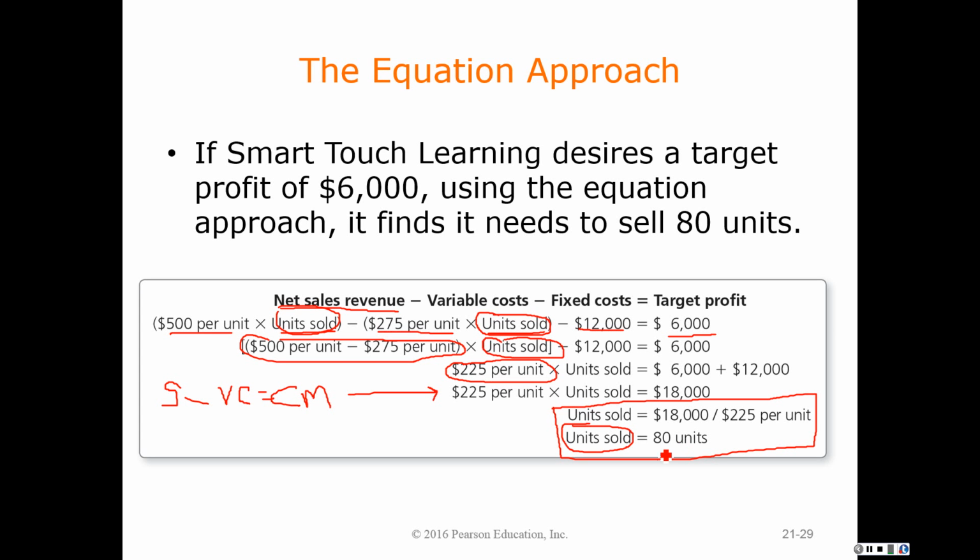If I know that I need to sell 80 units to generate a $6,000 profit, and I want to convert that to dollars, I can simply say 80 units times $500 per unit, and I'm going to come up with sales of $4,000. It's as simple as how many units times what I'm selling those units for. These are my sales dollars.